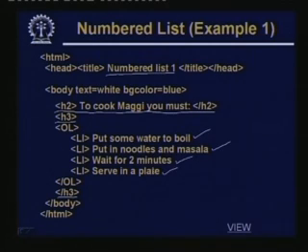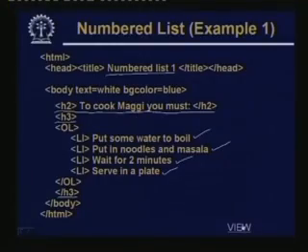Okay. Suppose I want to view this on a browser. One thing I did not mention is that although we have 5 different styles available to us, by default the style which is used is the numbered 1, 2, 3, 4. Now, let us see how this particular HTML file will look on the browser.